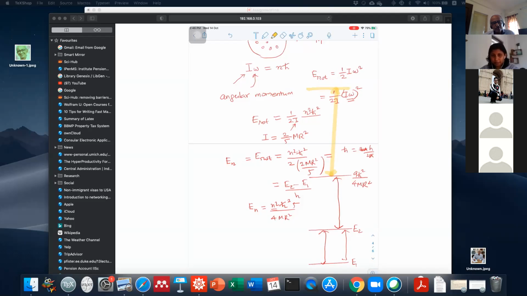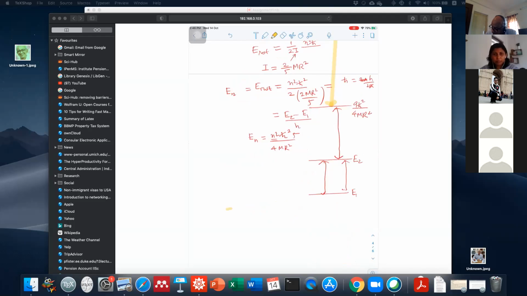Whereas, do you know what will happen if you use the Rutherford atom model and use the Bohr quantization? The answer is that you get allowed energy levels. This is the first allowed energy level. That will be the second allowed energy level. The third energy level is actually closer, an inverse relation with the value of n.